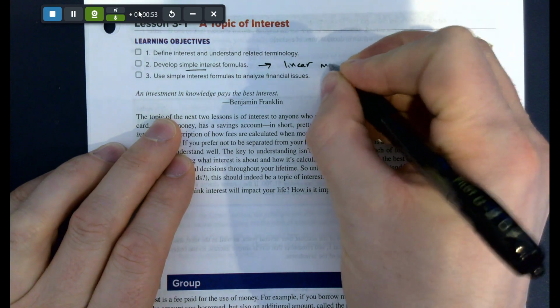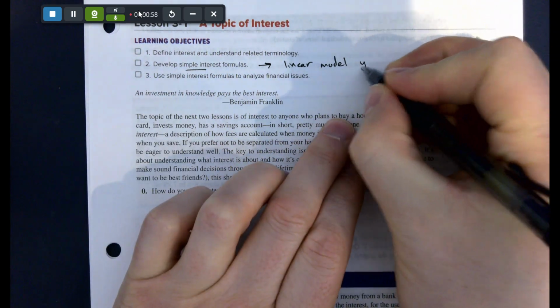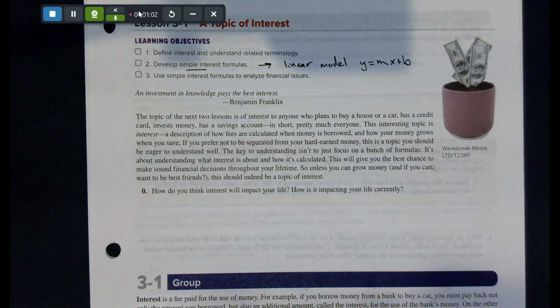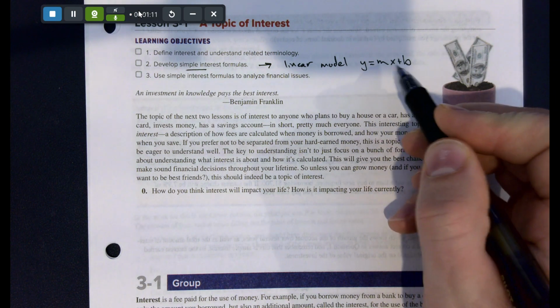So it's a linear model. We knew that back in Unit 2, and we knew that that looked like y equals mx plus b. But now we're going to turn this more into the financial world's kind of lettering. We don't use the y's and the x's as much.